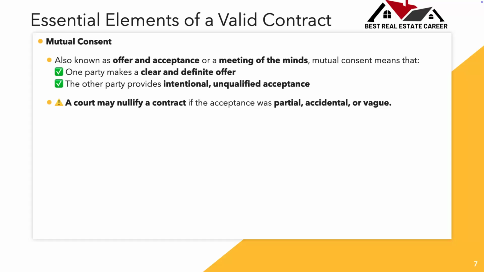If we're putting language into the contract, because we have the right to do that, that language is understandable by all parties and very clear. So there's your mutual consent, also known as offer and acceptance and/or meeting of the minds.